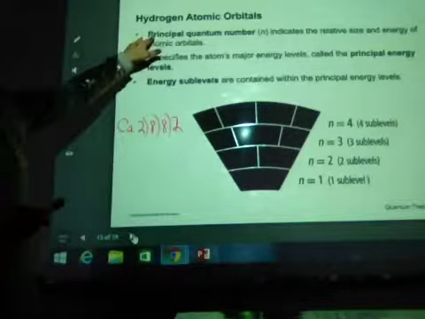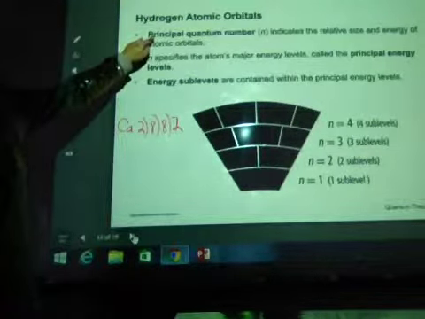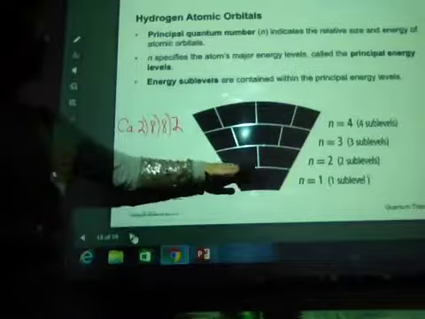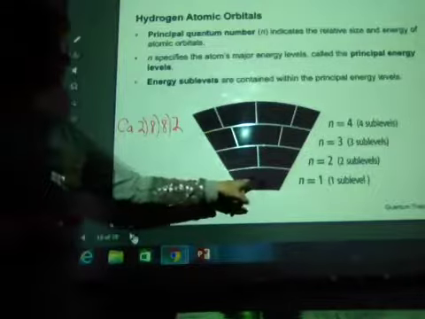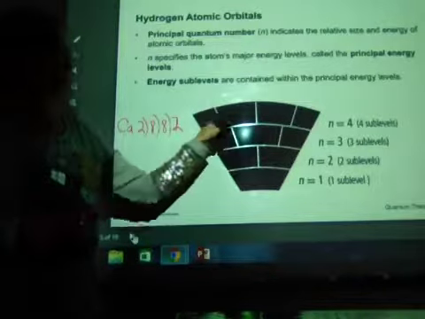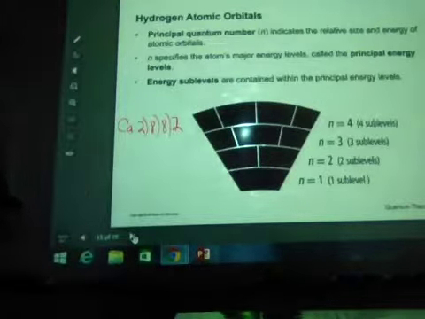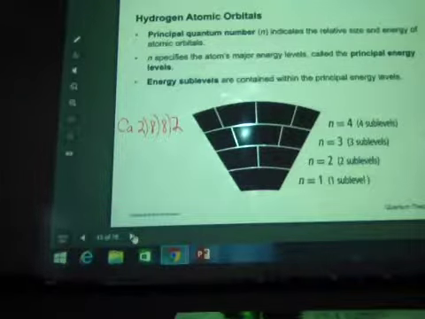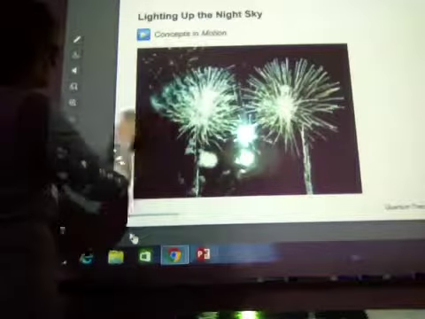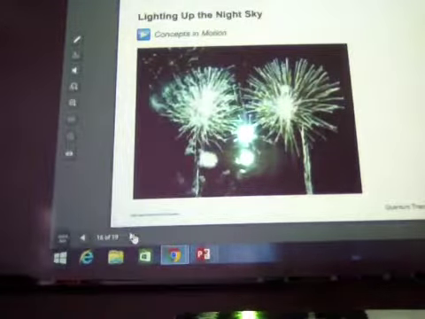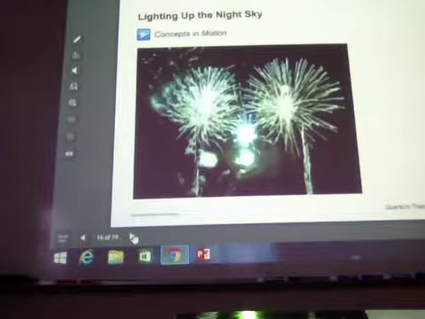So whatever my principal quantum number is, it tells me how many energy levels I have, which will also tell me how many are in each. Like I said, the lab that we do will help explain that much better. And fireworks totally work off of that same concept.